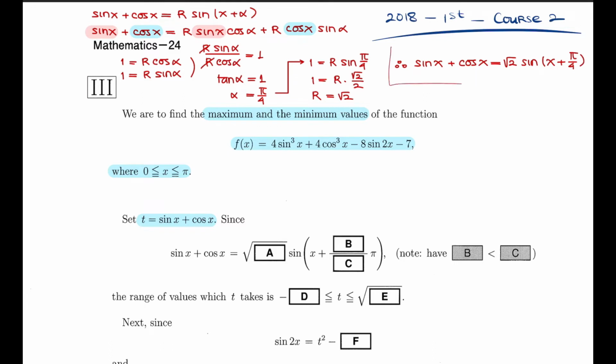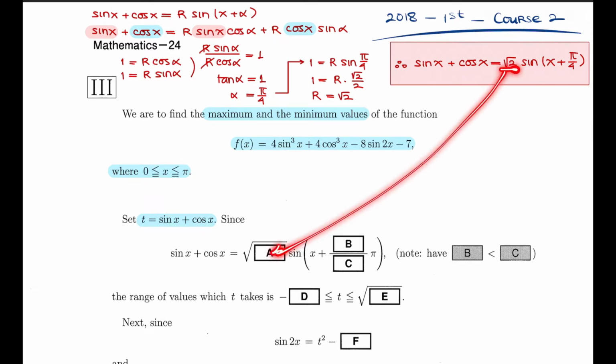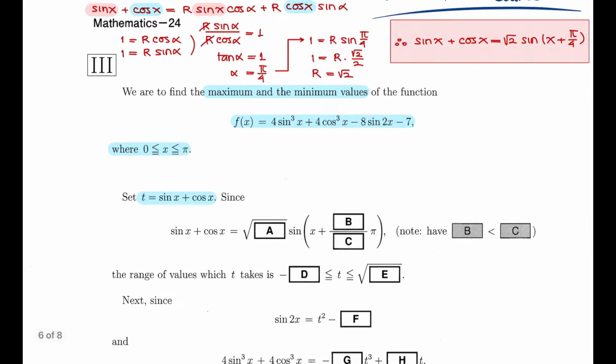This is the answer of the first question. Square root of 2, then a is 2, b over c is 1 over 4, then pi there. So a is 2, b is 1, c is 4.